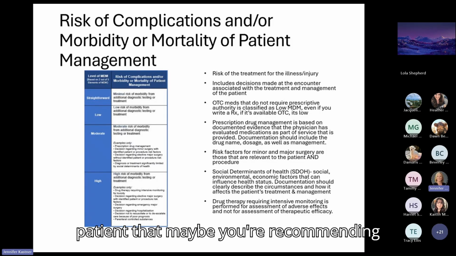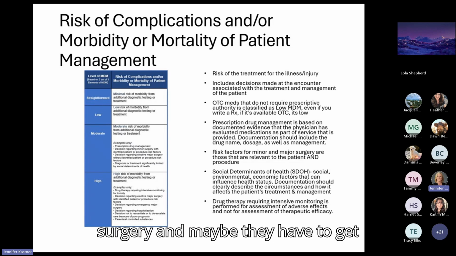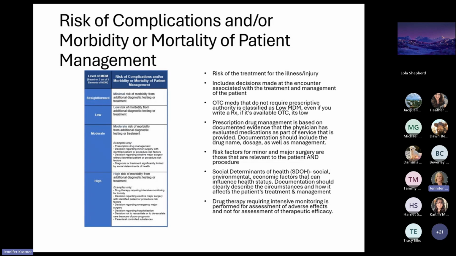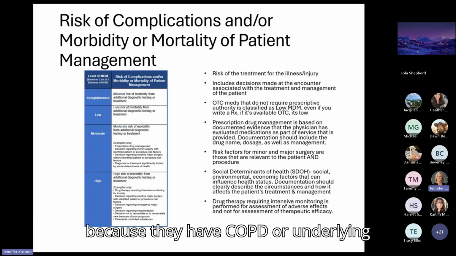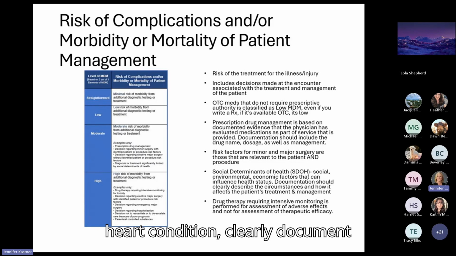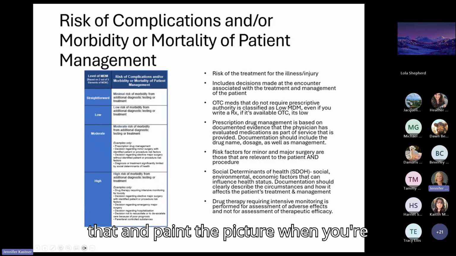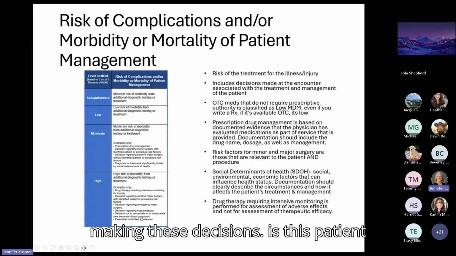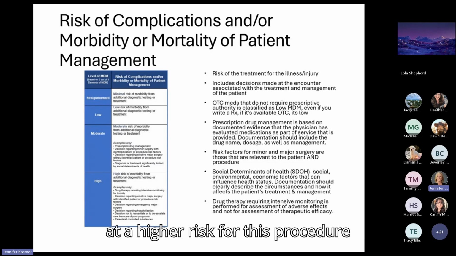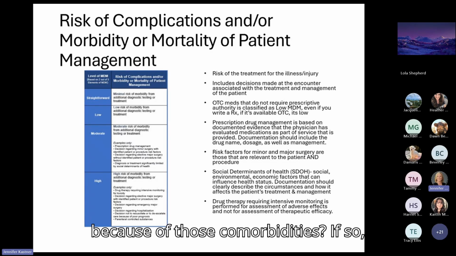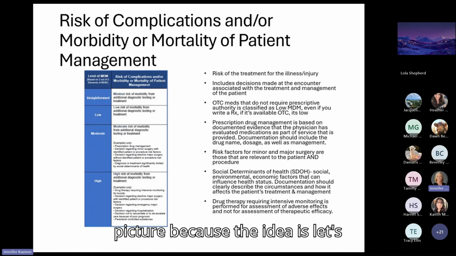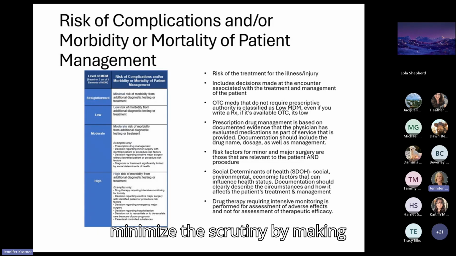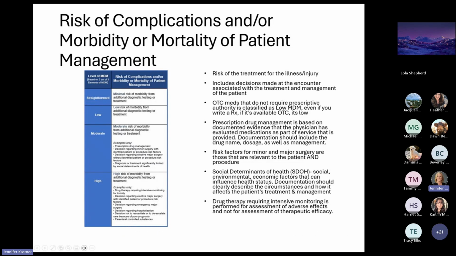If you have a patient that maybe you're recommending surgery and maybe they have to get surgical clearance from the pulmonologist because they have COPD or an underlying heart condition, clearly document that and paint the picture when you're making these decisions of, is this patient at a higher risk for this procedure because of those comorbidities? If so, then capture that so that it paints that picture, because the idea is let's minimize the scrutiny by making it as clear as you can within the documentation.